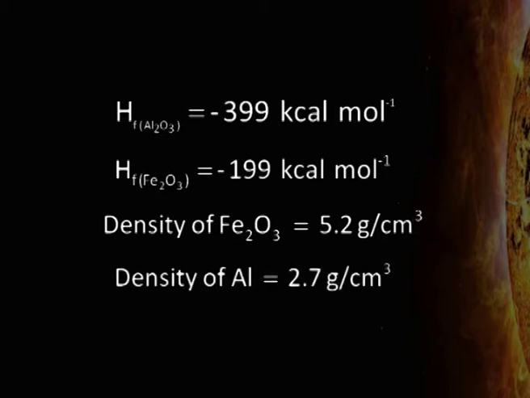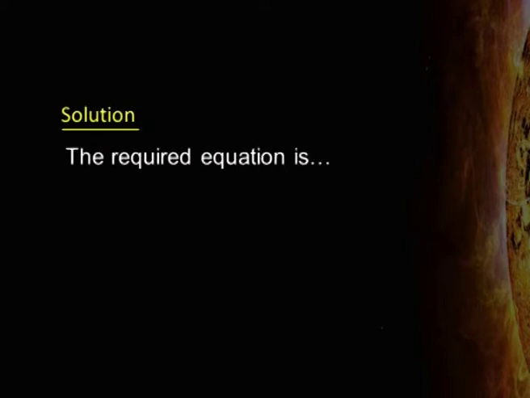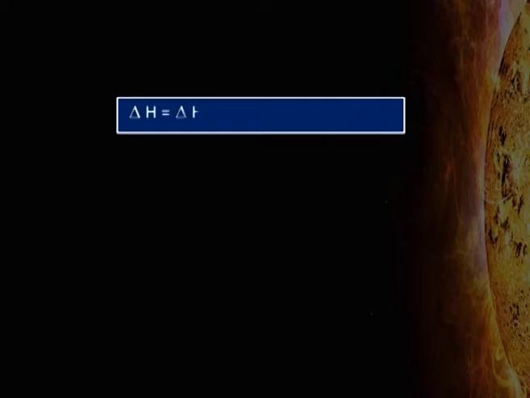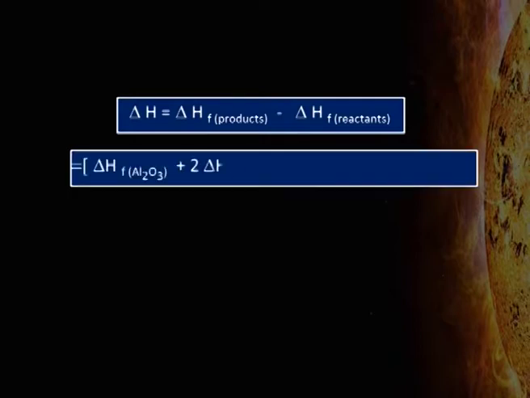Now, the required equation for the calculation of this example is 2 Al plus Fe2O3 giving Al2O3 plus 2 Fe. Now, delta H for this reaction is not given. So, delta H of the reaction will be equal to delta H products minus delta H of reactants, which is equal to delta H formation for Al2O3 plus 2 into delta H formation of Fe minus 2 into delta H formation of aluminium plus delta H formation of Fe2O3.